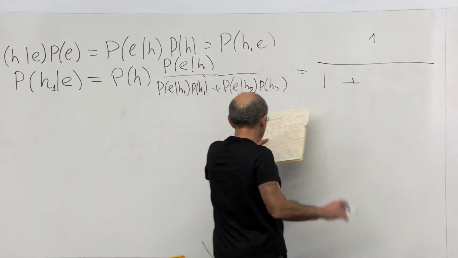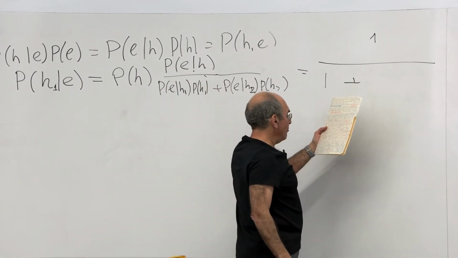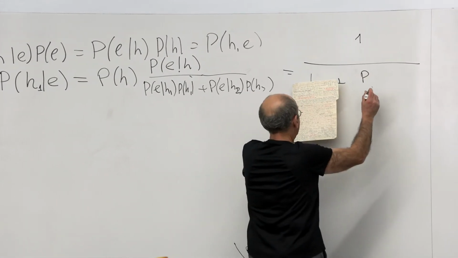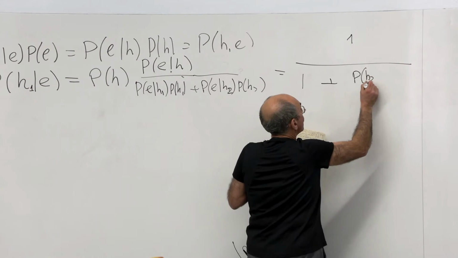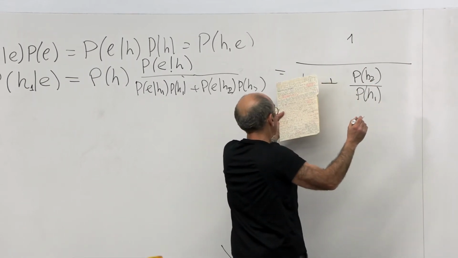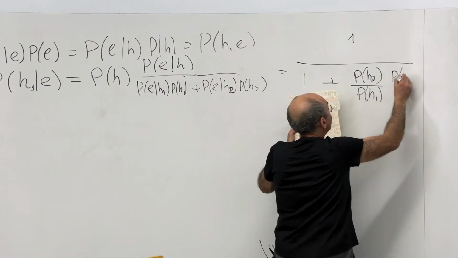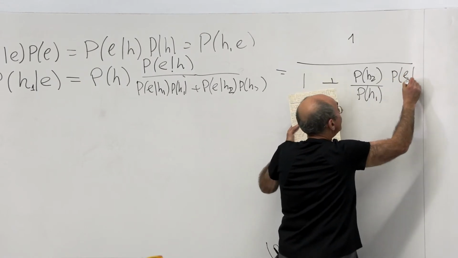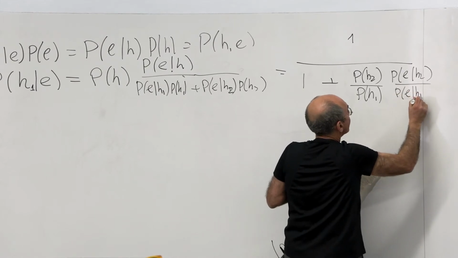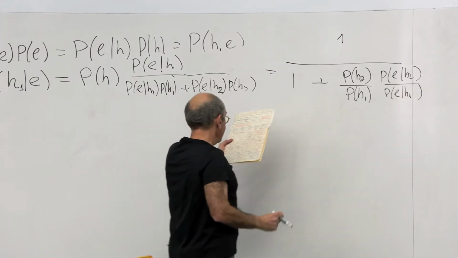I'm just dividing, and I will get the following formula. It's P of H2 divided by P of H1, and P of E given H2 divided by P of E given H1. Okay?